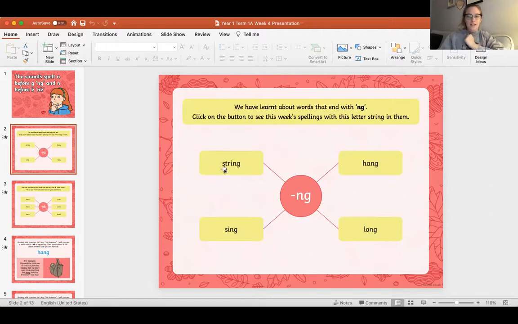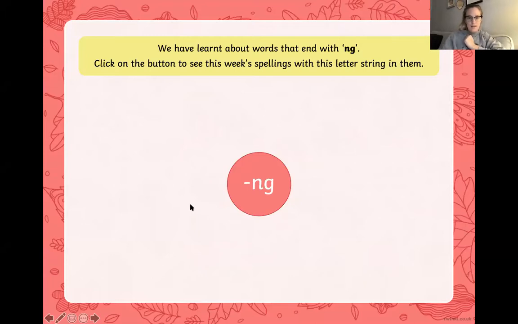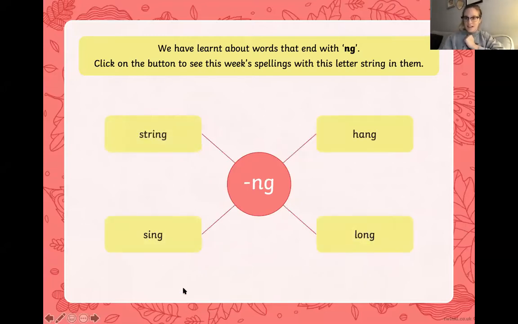Start over here. S, t, r, ing. String. Let's have a go at sounding out this word. S, ing. Sing. Your turn.